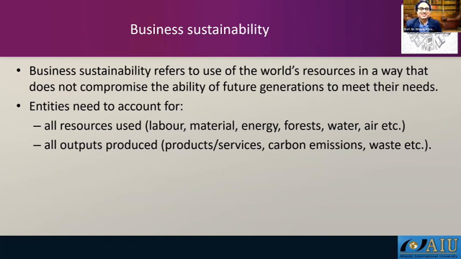Now, business sustainability refers to using the world's resources in a way that does not compromise the ability of future generations to meet their needs. For example, entities now have to be very careful about all the resources that they use.